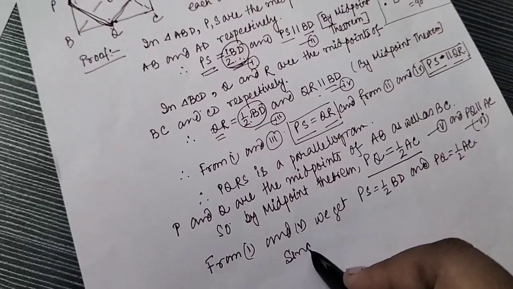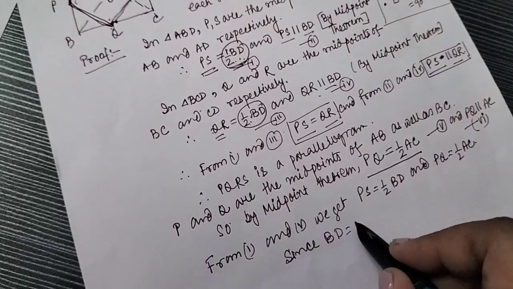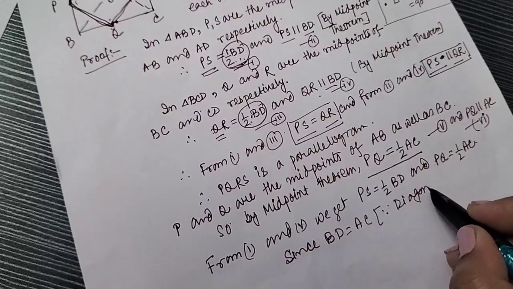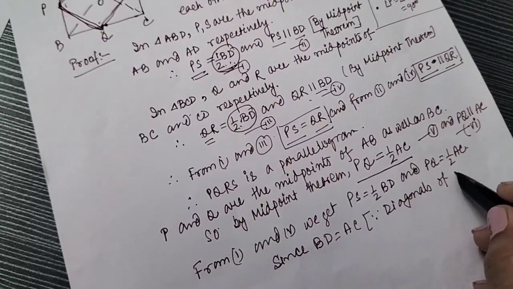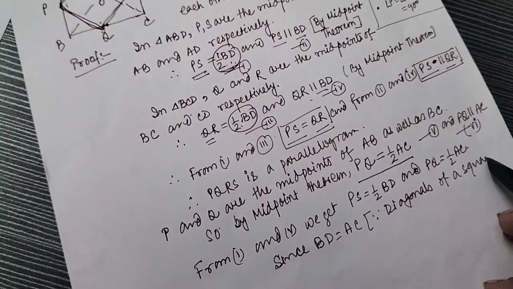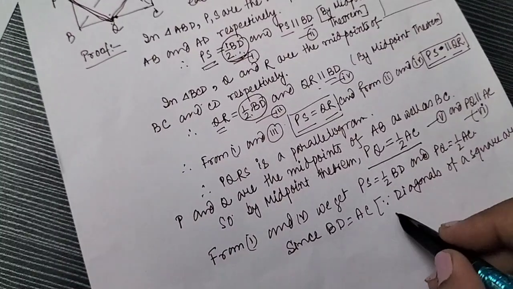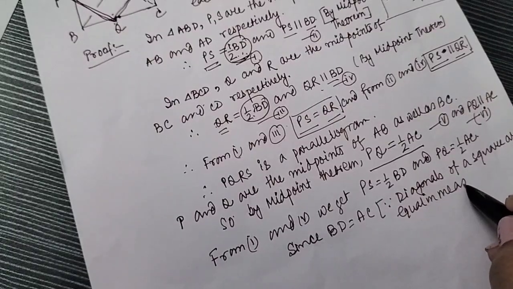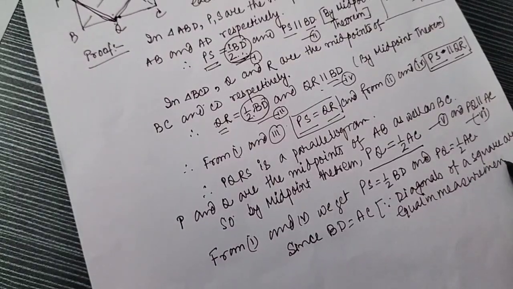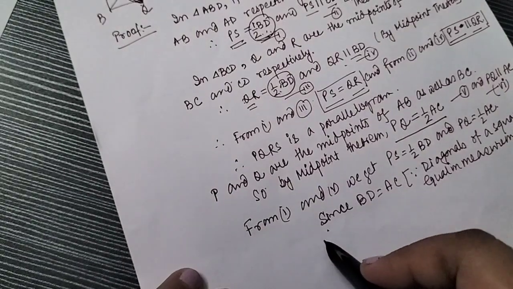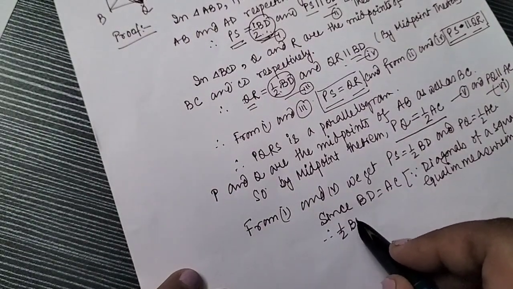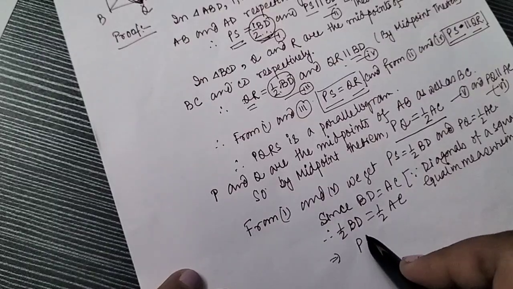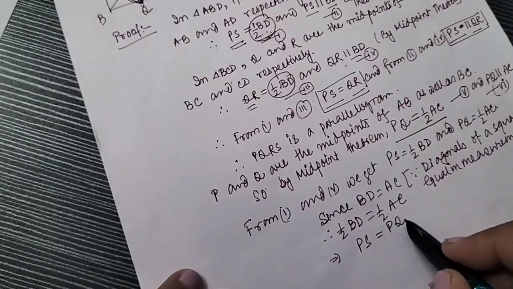Since BD equals AC. Why? Because diagonals of a square are equal in measurement. We all know this. Therefore, half of BD equals half of AC. Therefore, PS equals PQ.